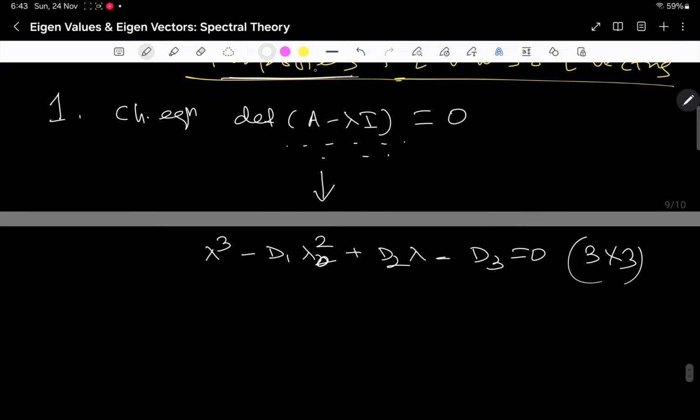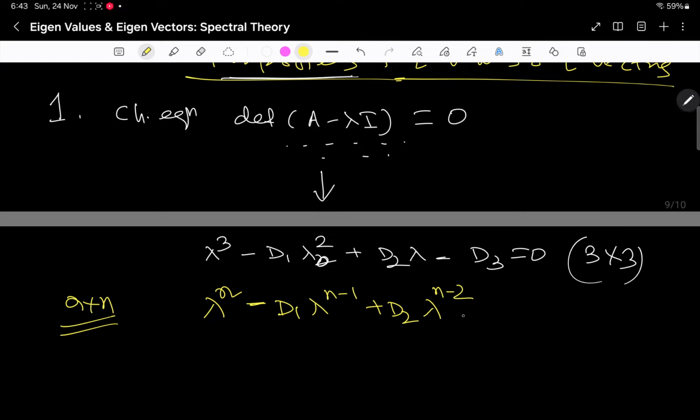In general, if it is an n cross n matrix, then it will be lambda to the power n minus d1 lambda to the power n minus 1 plus d2 lambda to the power n minus 2, and we continue, minus, plus, up to minus 1 to the power n dn, equal to 0. This will be my characteristic equation.